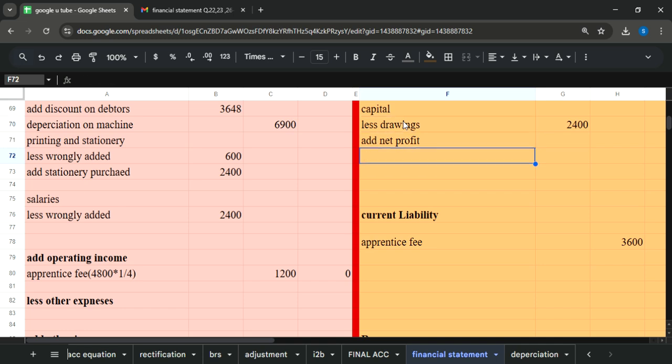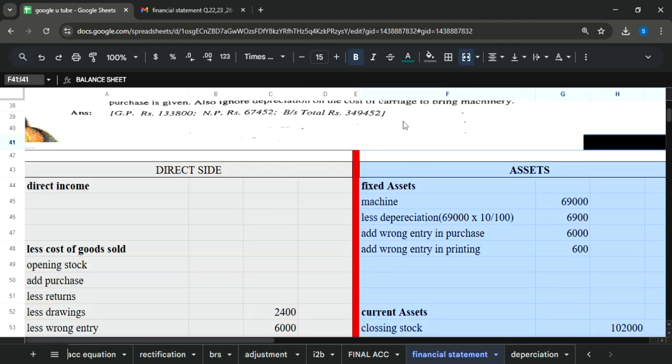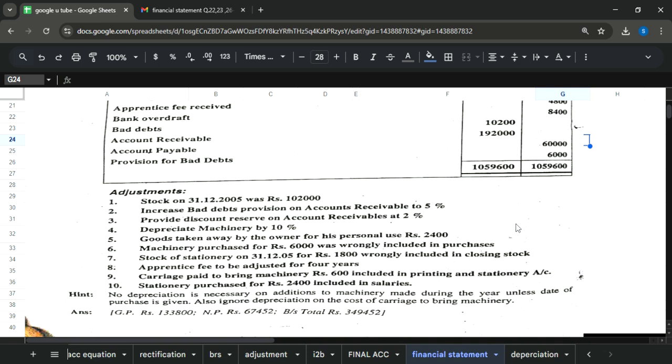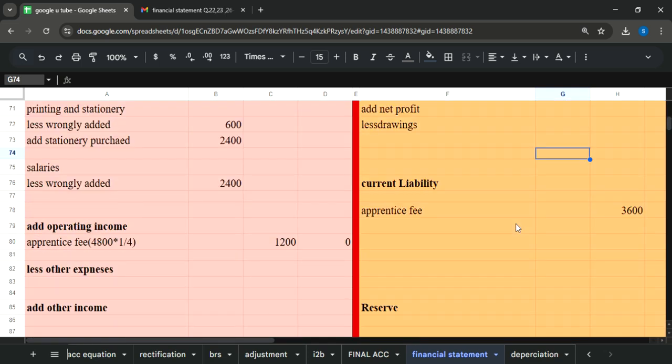Drawings are already written, so instead of new drawings we should just write the drawings of the trial balance. The amount of these drawings is 42,600. Let's write 42,600 is the amount of drawings that has been completed.